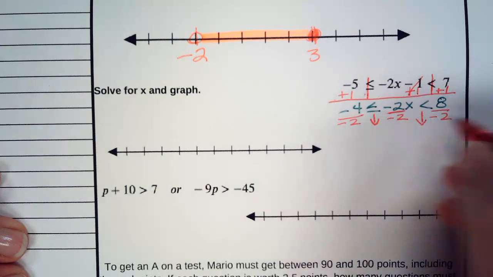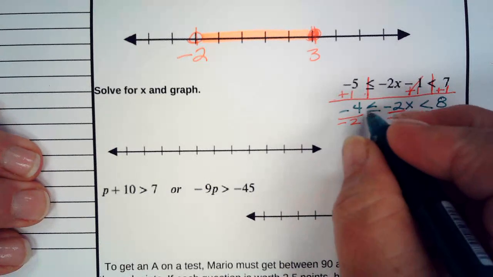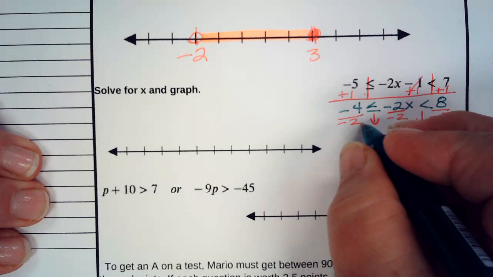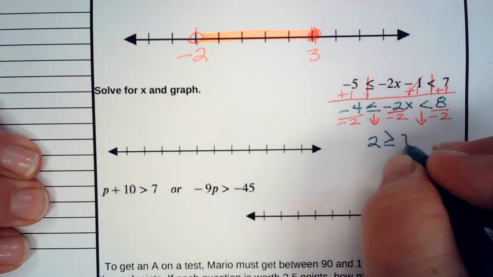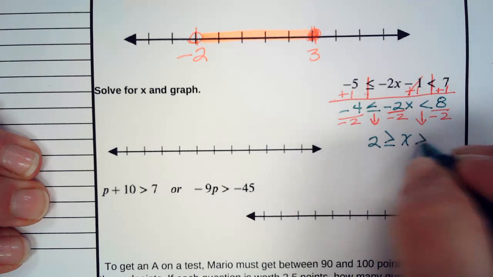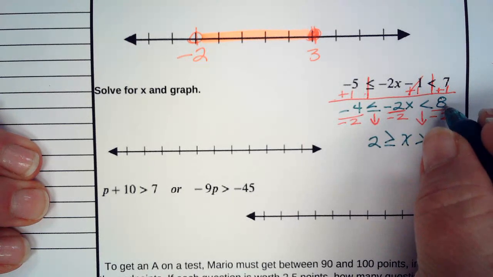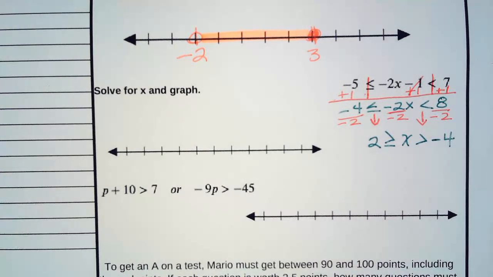Remind myself, what happens to my signs? Well, they're going to switch around. Negative divided by negative is a positive. 2 is greater than or equal to x is greater than 8 divided by -2 is -4. You notice that those symbols flipped around when I divided by a negative number.